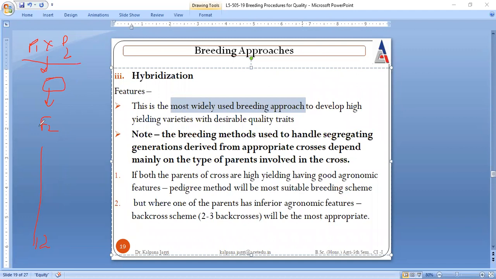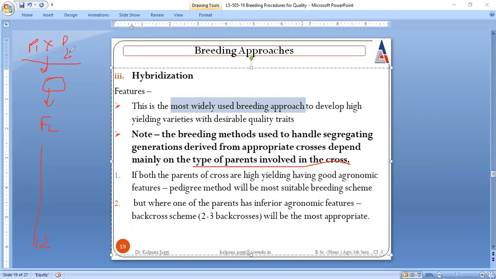We must be familiar that handling the segregating generations requires certain breeding methods, and those breeding methods mainly depend upon the types of parents involved in the cross. Very important. In hybridization, we are going after the crossing of two parents, right?